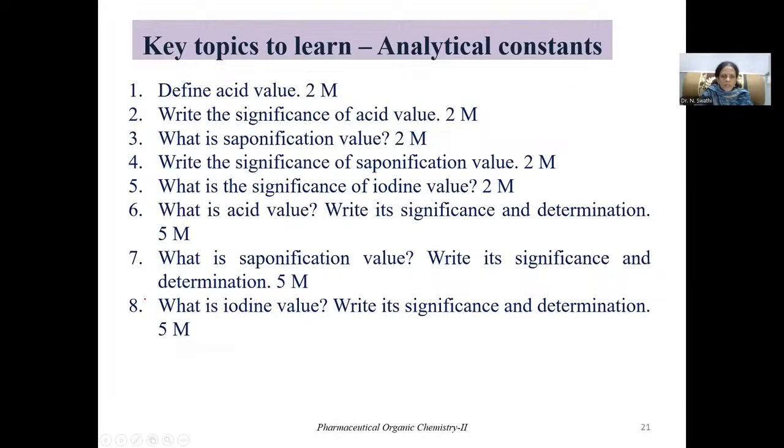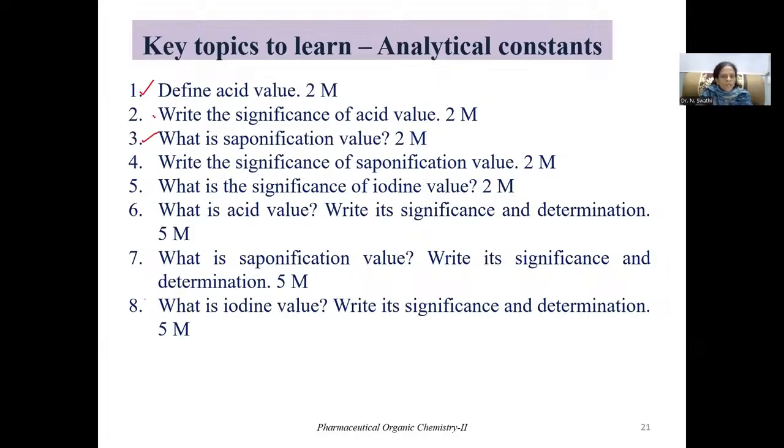Now, let me share my screen to show you some of the important questions, model questions, how the questions have been asked in the previous question papers. So these are some of the model questions, students. So you may get as a 2 marks question or 5 marks question, and sometimes two analytical constants together they may ask under 10 marks question also. Okay, so let us see some of the 2 marks questions. So define acid value, or they may ask what is acid value, what is saponification value.